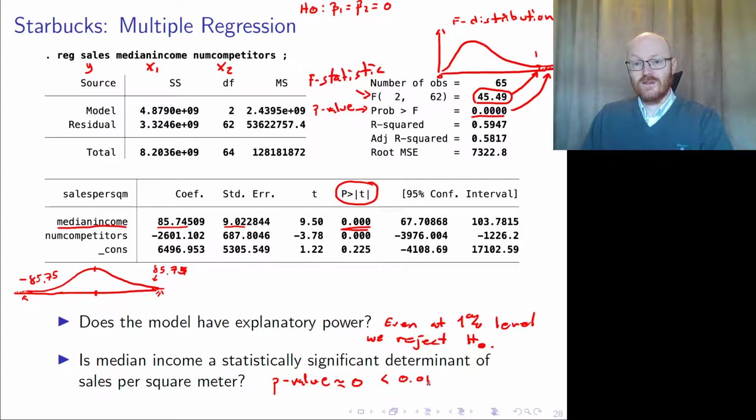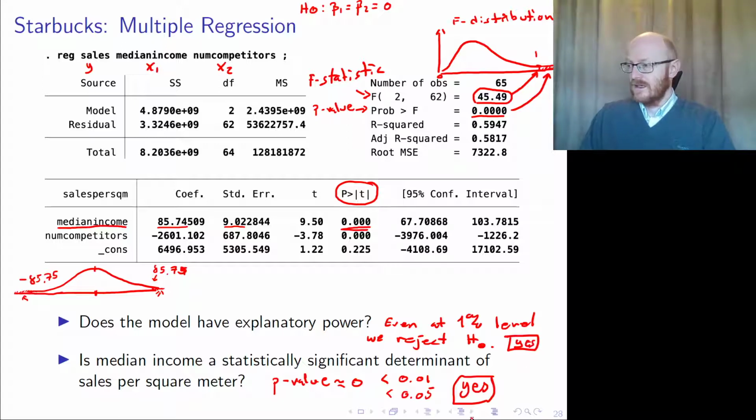Here we use the 1% significance level. We could also use the 0.05, the 5% significance level, and the p-value is so low that we have to answer yes to this and yes to this.